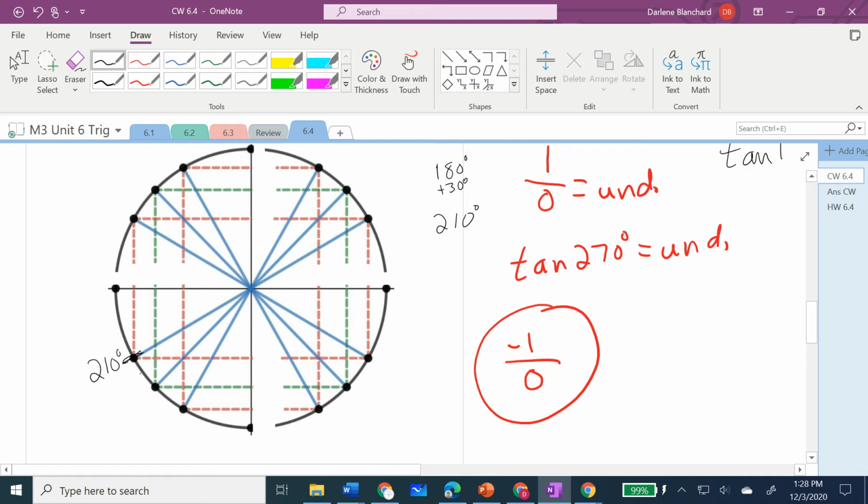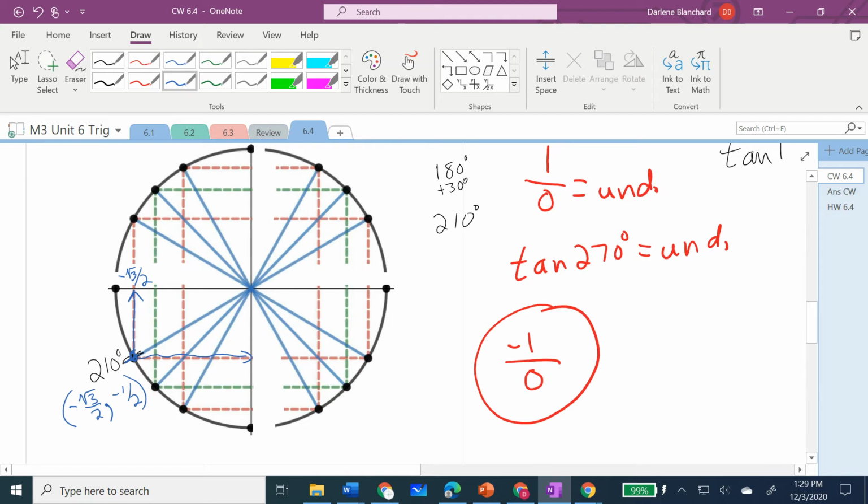What is the x-coordinate of this point? Let me make sure you're with me. What is the x-coordinate of that point? Negative root 3 over 2. And then what is the y-coordinate of that point? -1/2.